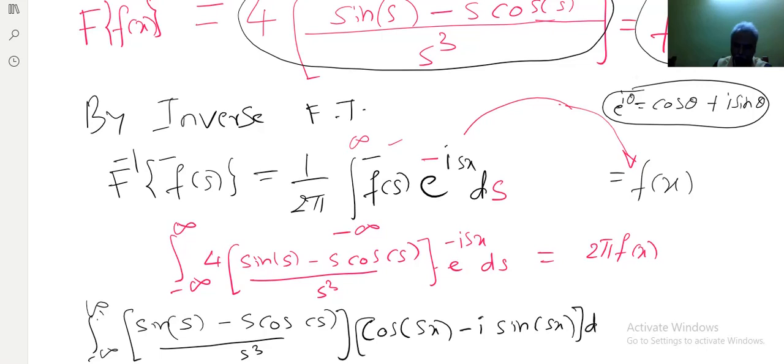So ds equal to this 4, if you transfer that side it becomes pi by 2 into f of x. Once again 4 becomes 2 by 4 here, pi by 2 into f of x. Now once I will multiply by cos function here, and once I multiply here sine function, and separate two integrations.